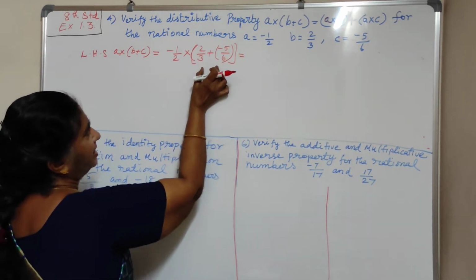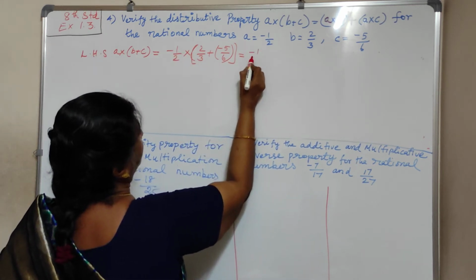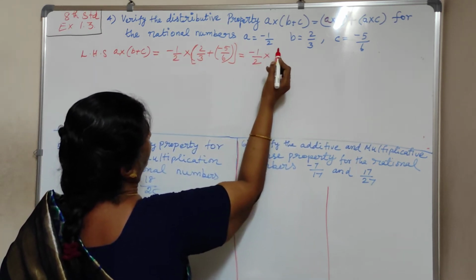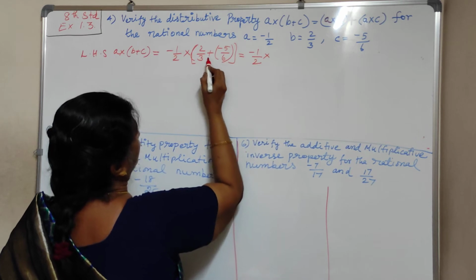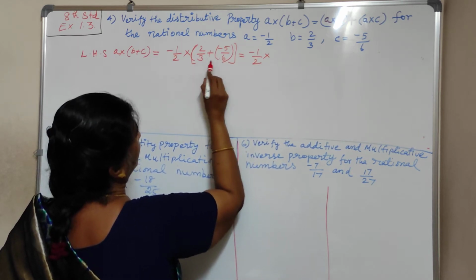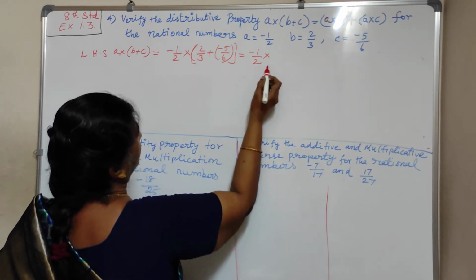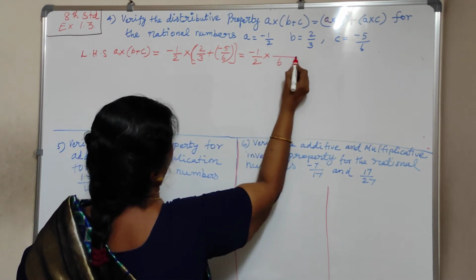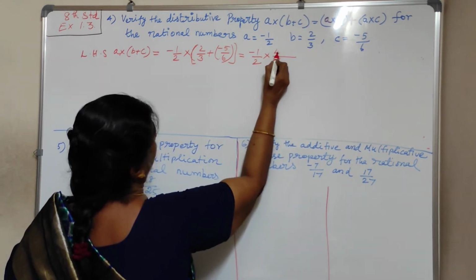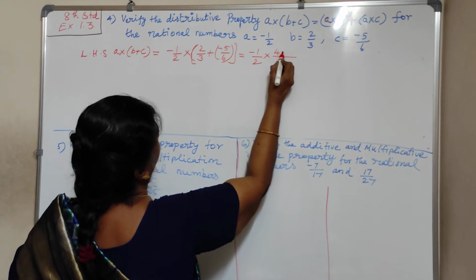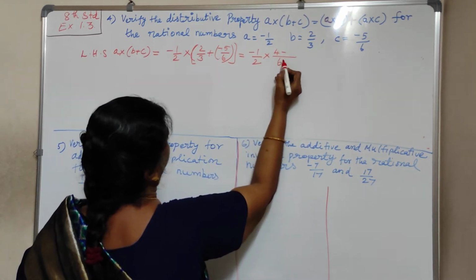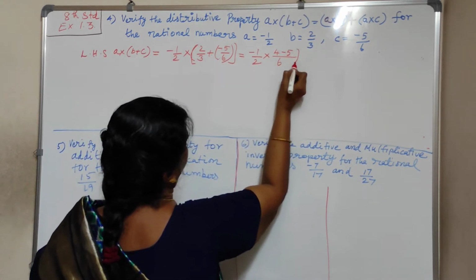You simplify inside the bracket, you will get into LCM. This is addition, no? So take LCM for 6 and 3, will get 6. 2 2s are 4, plus and minus will give you minus, and 1 5s are 5.